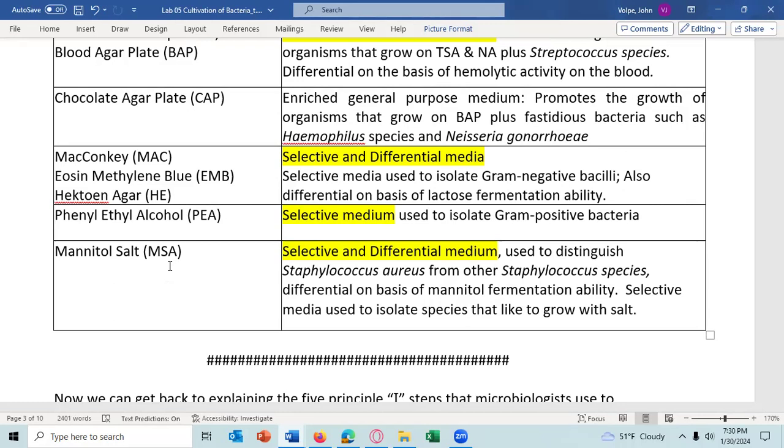Most organisms cannot grow at over 2% sodium chloride. So most organisms will not grow on an MSA plate, mannitol salt agar. So that's why it is selective. It'll grow if it can tolerate 7.5% sodium chloride. It will be selected against and not grow if it does not tolerate that high concentration of salt.